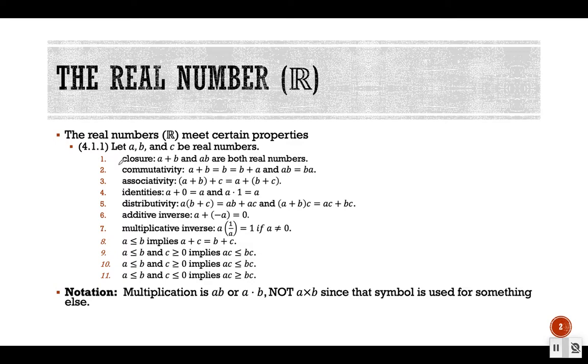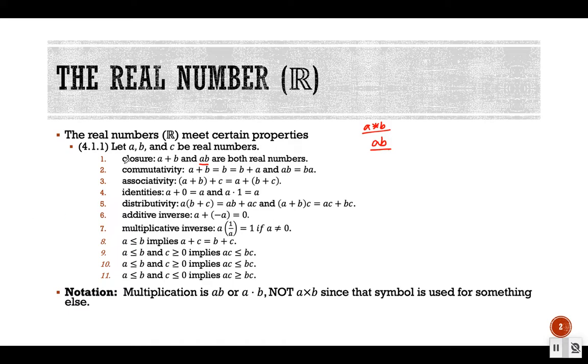So for example, the first one is closure, means a plus b and ab. So here ab means actually it's the multiplication. Okay, so instead of a multiplication b, in many cases actually we are going to use ab, which will represent the multiplication of a and b, two numbers.